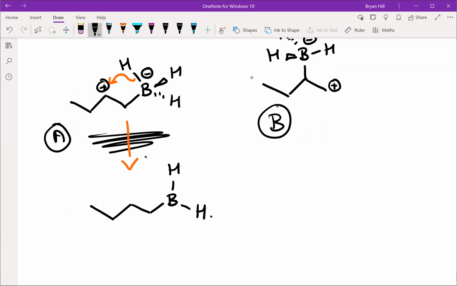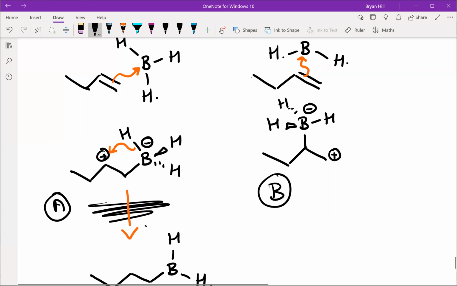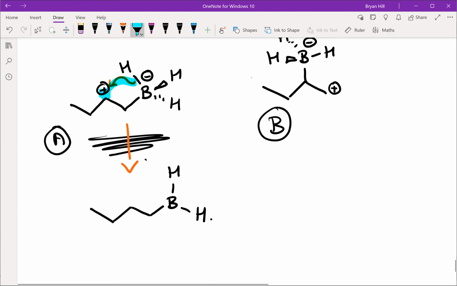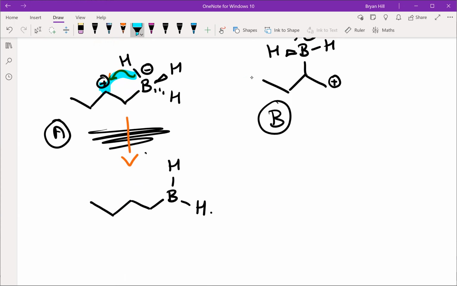So the way that this works, it isn't technically a formal step where this is a discrete step and this is a discrete step. It's almost a concerted reaction, in which as these electrons are attacking here, this hydride would come and attack there. But drawing it this way helps us visualize why the boron should end up on the least substituted carbon.